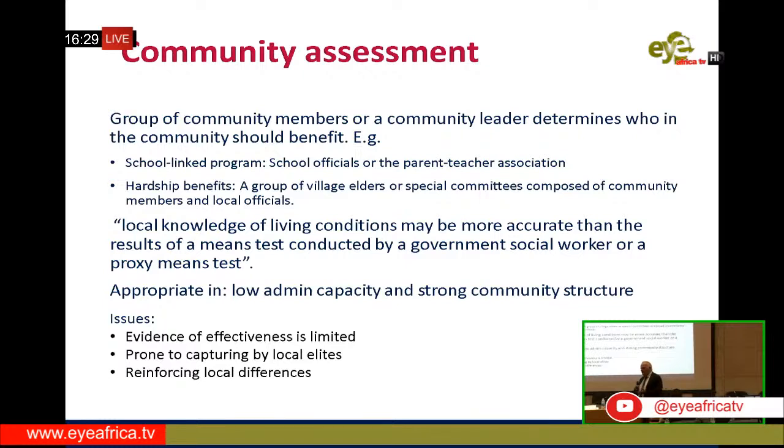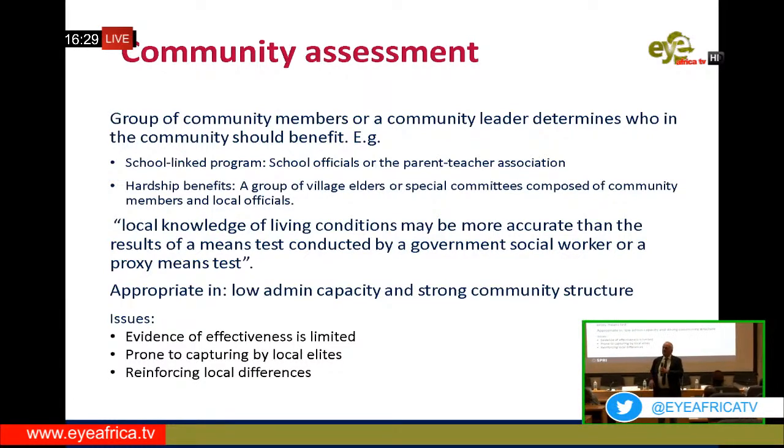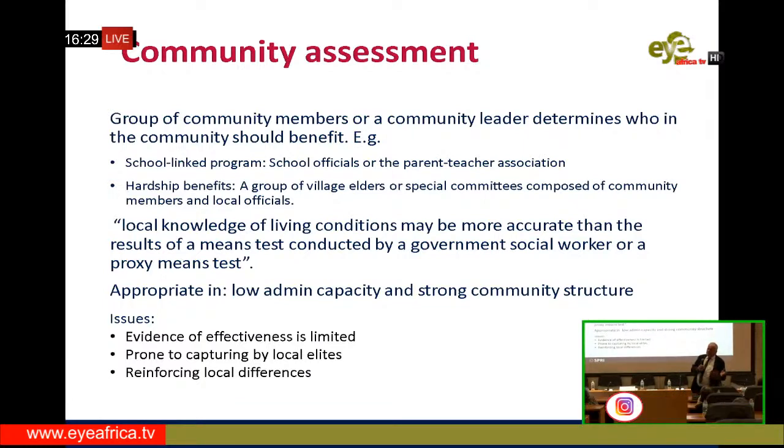So you can go to the community leaders or to representatives and ask them, who are the households that would profit from social protection or benefit or help in whatever form most? The good thing is it's pretty accurate.